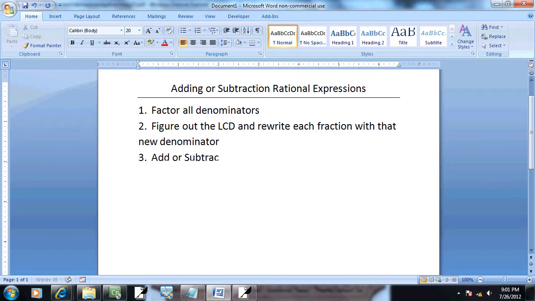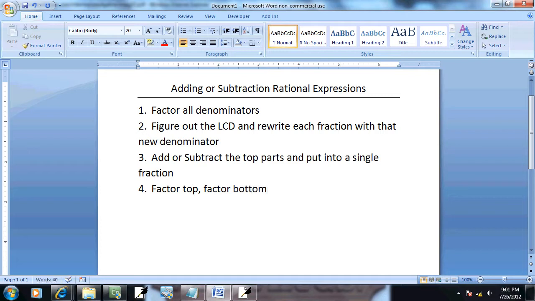Add or subtract the top parts, the numerators, and put into a single fraction. Step 4, I'm going to say factor the top, factor the bottom, factor the numerator and denominator. The bottom should already be factored, but just in case. And 5, cancel if possible.